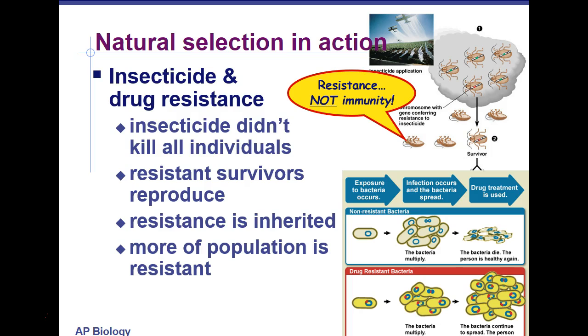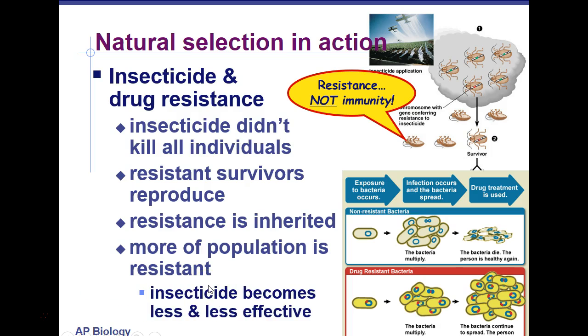And as long as humans keep applying the same insecticide or the same antibiotic, killing off the ones who are not resistant, the percentage of the population that is resistant is just going to keep going up and up, until you have populations that are basically entirely resistant to the insecticide or to the antibiotic. It does not harm them in the least anymore.